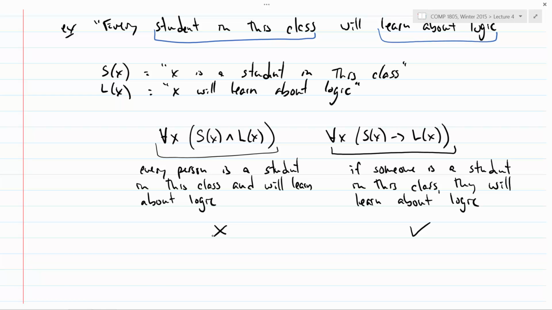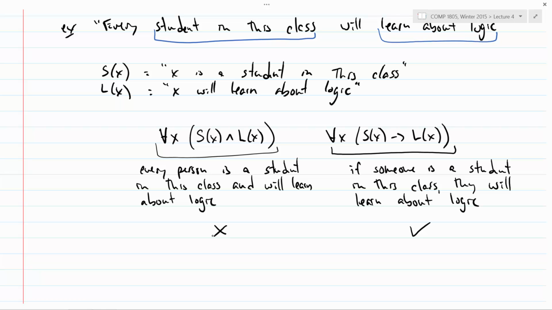No, for this one I wouldn't use an if and only if, because lots of people who aren't in this class could also learn about logic. Right? If you said for all people, if you are a student in this class, if and only if you learn about logic, that's not going to be the same thing, because the original sentence says nothing about the people who aren't in this class, but if I had a biconditional, that would say something about people who aren't in this class, in particular that they won't learn about logic.